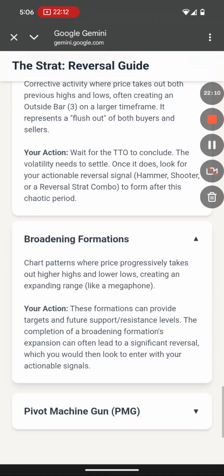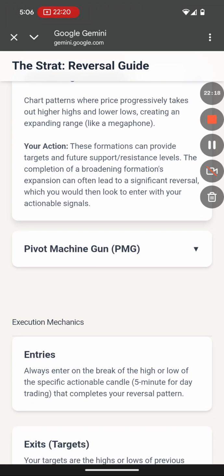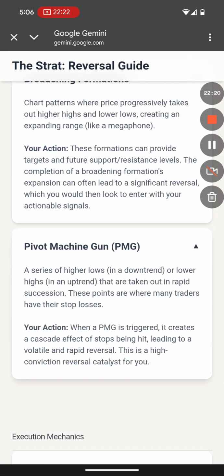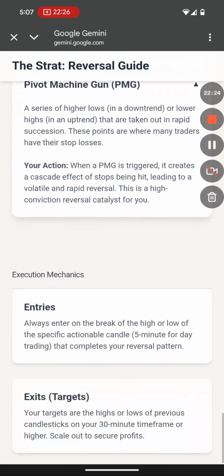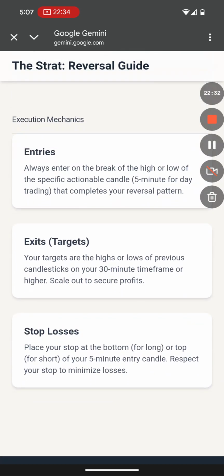We got broadening formations to talk about. The real support and resistance, because support and resistance is not horizontal. We got the pivot machine gun, to let you know how to catch real momentum. It gets real crazy. I told you about the entries and the exits already. If it goes failed, then we get out. And your exits for take profits is always old price action.